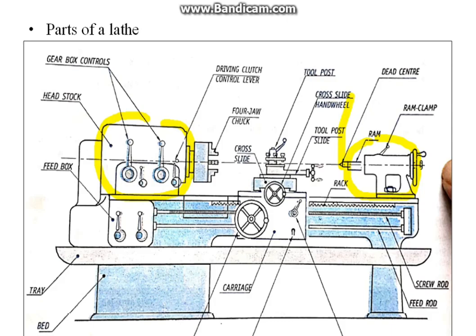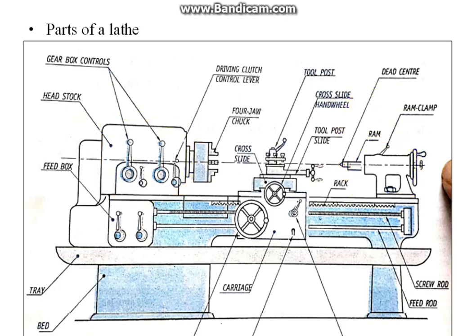The main function of the tailstock is to support the free end of long workpieces and provide a tool for performing operations like drilling, reaming, tapping, etc. Meaning, sometimes we remove the dead center and in place of the dead center we provide cutting tools like drilling, reaming, tapping tools to drill the hole or to get the internal threads.